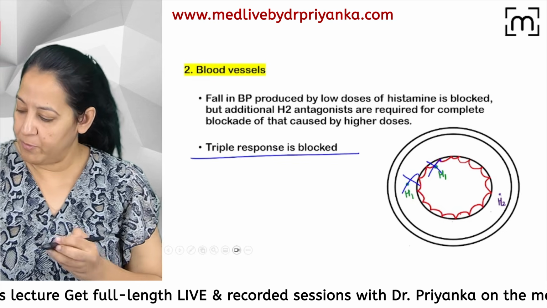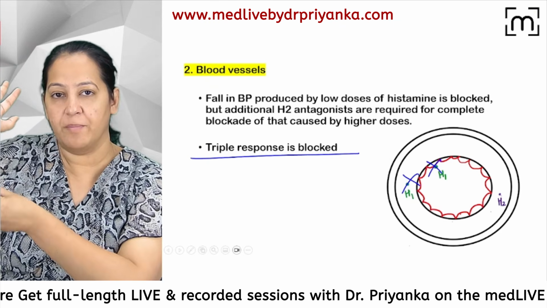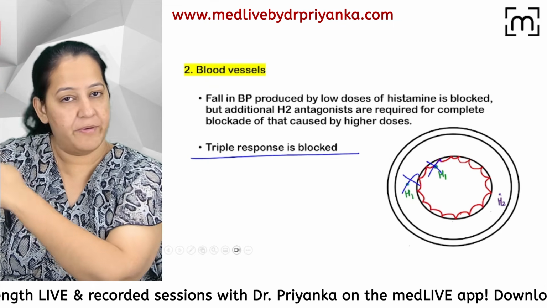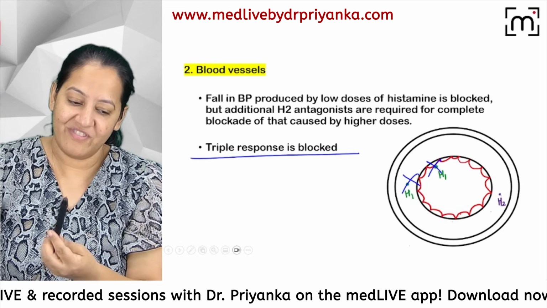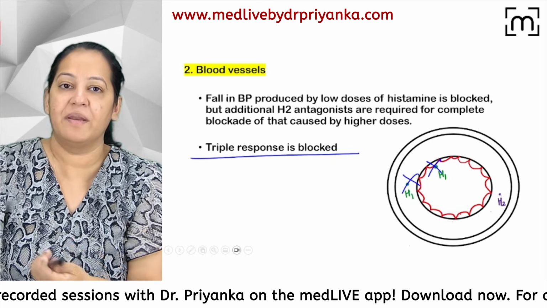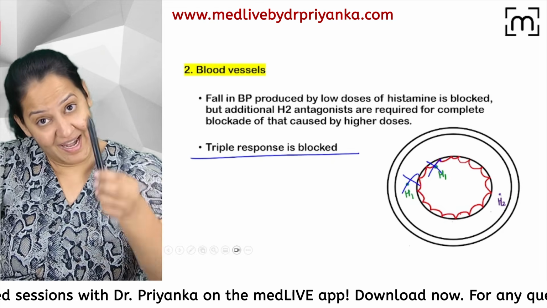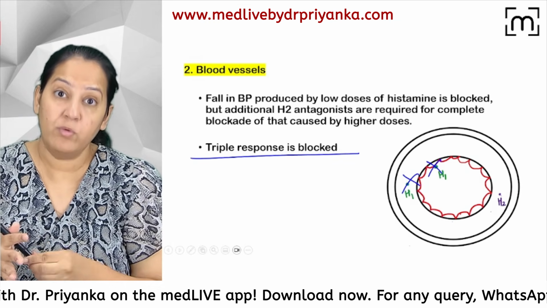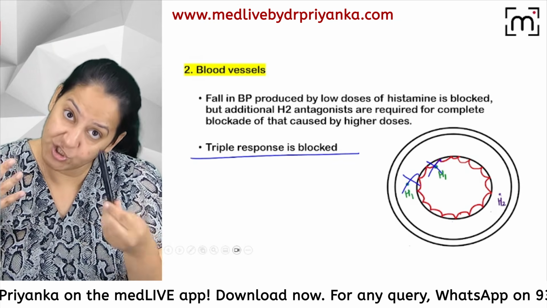Suppose I give myself an intradermal injection of an H1 agonist. I will have the triple response. But suppose I first give an injection of H1 antihistaminic, and then I give the injection of the H1 agonist. The triple response is abolished. So it proves that the triple response is due to H1 only.